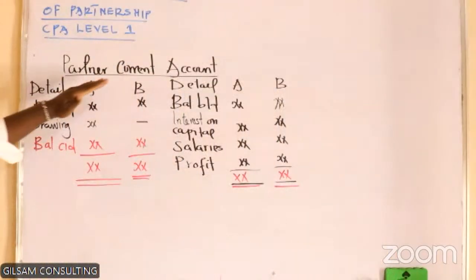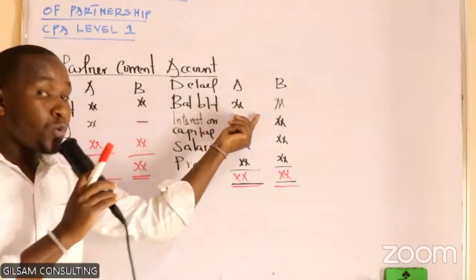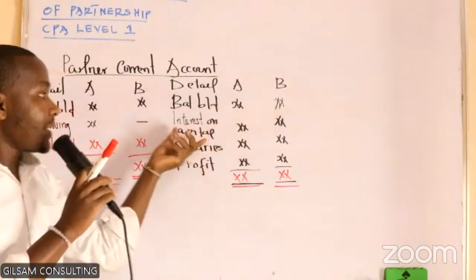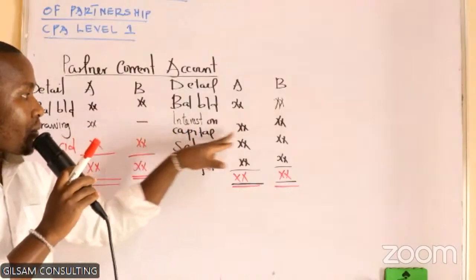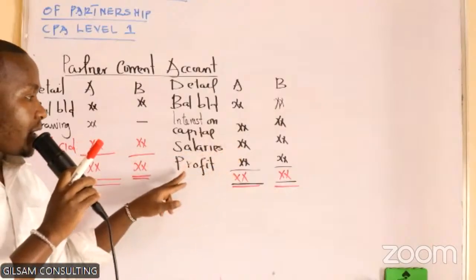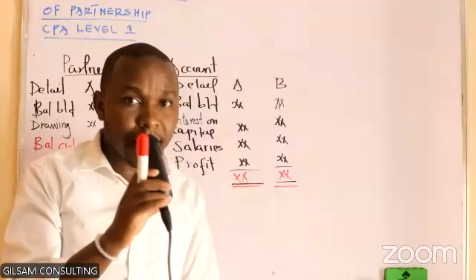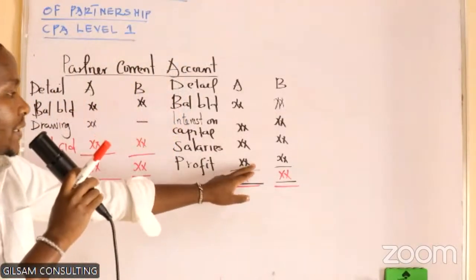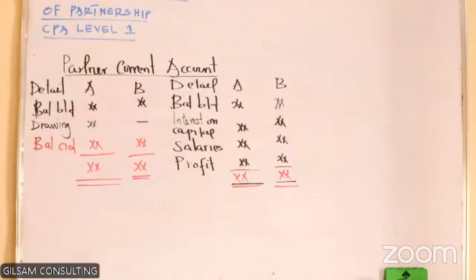In the partner's current account, we have the balance brought forward, which we credit, and then the interest on capital, we also credit, the salaries we also credit, and the profit which we get from the appropriation account, we also credit.